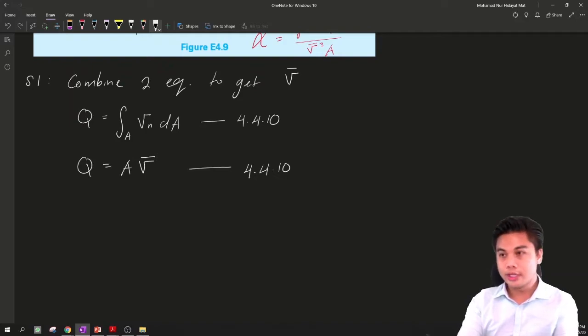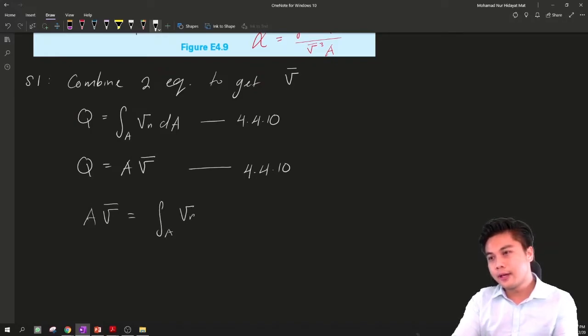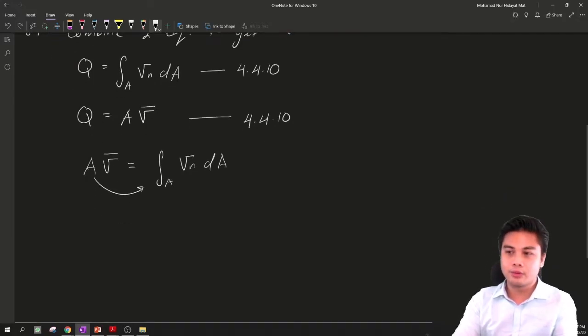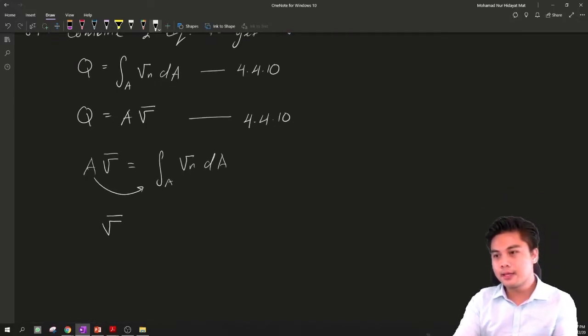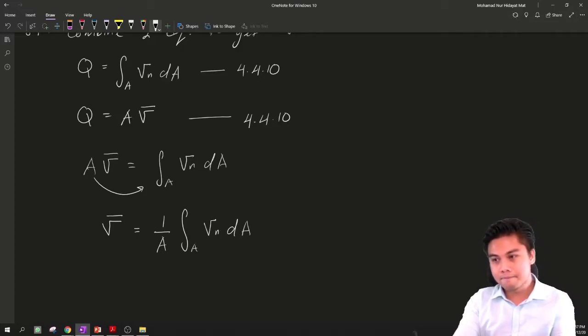We equate them: A V average equal to the integral over area of V dA. So we move area to the other side. We finally get V average equal to 1 over A, and because area here is constant, we leave it outside of the integral of velocity dA.